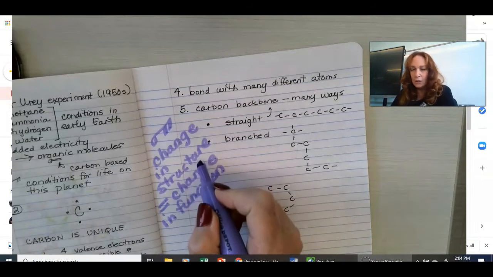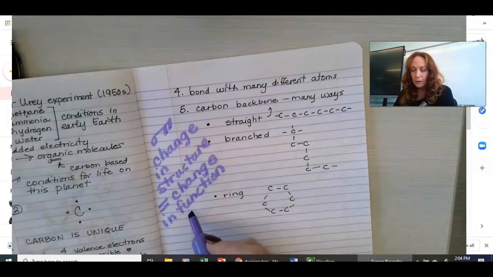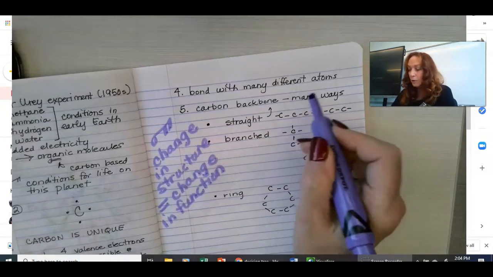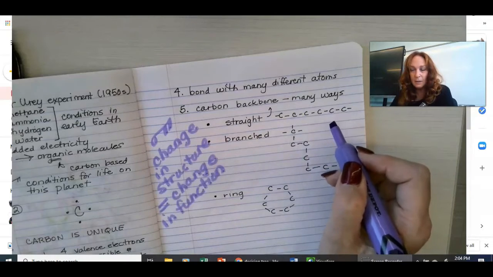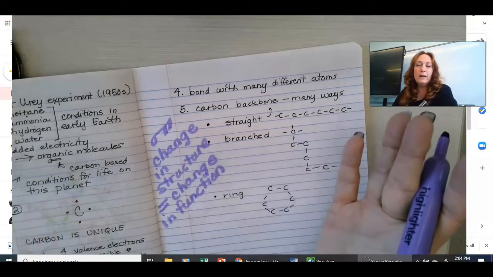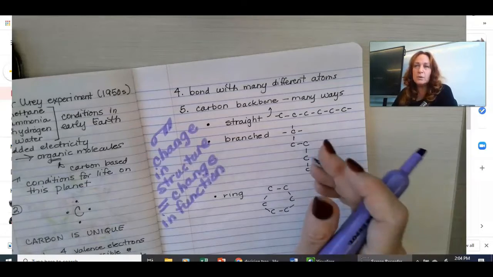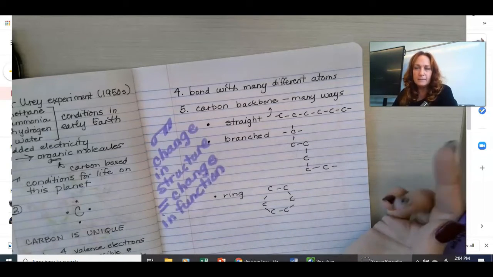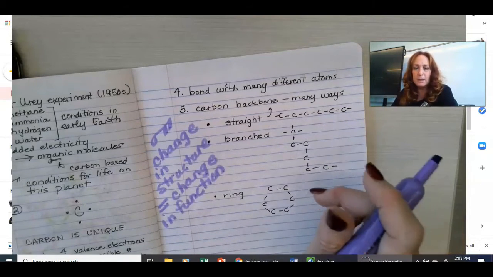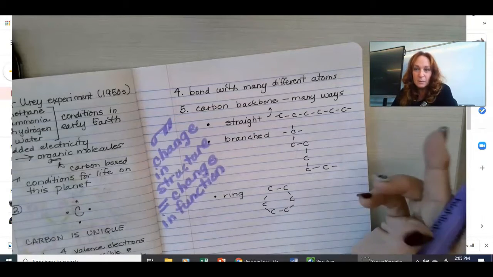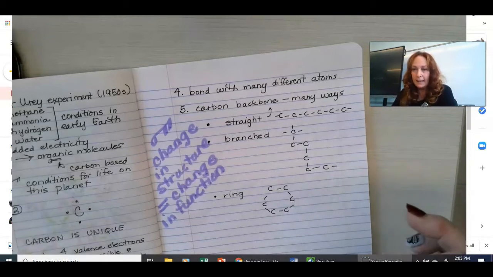So you have a change in the structure and you get a change in the function. Now every little piece of it might still be the same, but it's kind of like a Lego. I don't know how you were, but when Hunter got Legos, he would build whatever it was going to make, and then he'd build something else with it. And it did something totally different. Same pieces, but he built it differently, so it behaved differently.